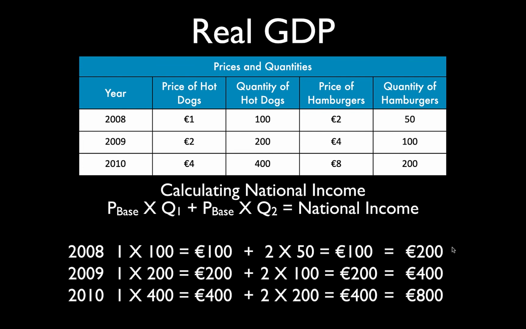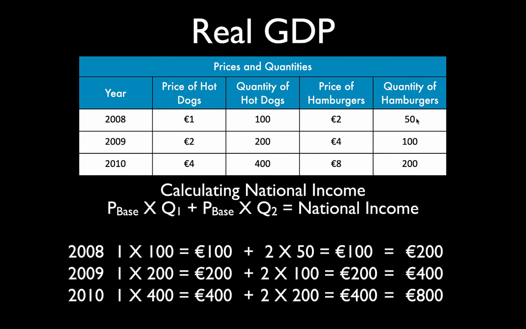So if these represent accurate changes in our standard of living as a result of changes in our ability to consume, which was brought about by changes in production, then production in 2010 should, on average, be 4 times higher than production in 2008. Well, 100 hot dogs were produced in 2008, and now 400 hot dogs have been produced in 2010. Yes, production has quadrupled.